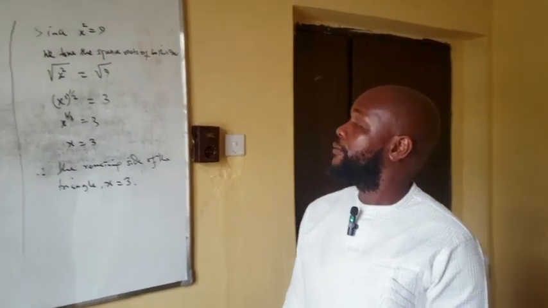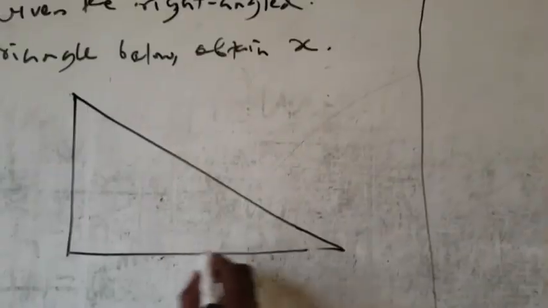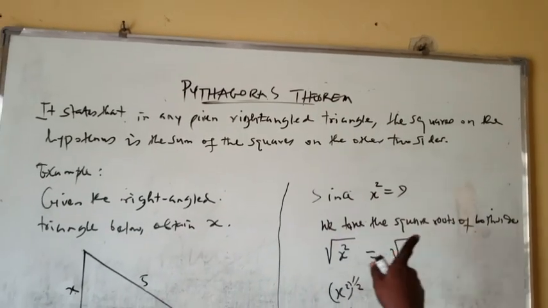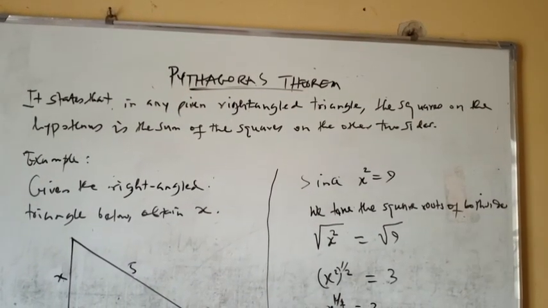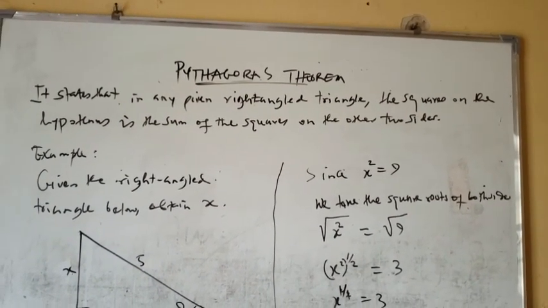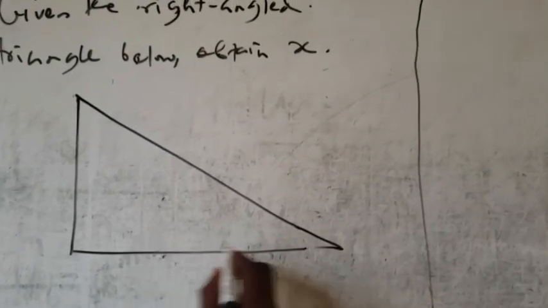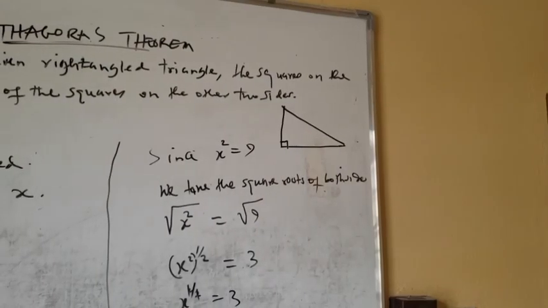On the board here, we say that this theorem states that in any given right-angled triangle, the square on the hypotenuse is the sum of the squares on the other two sides. So if you have a right-angled triangle of this form, we call this a right-angled triangle because one of its angles is 90 degrees.